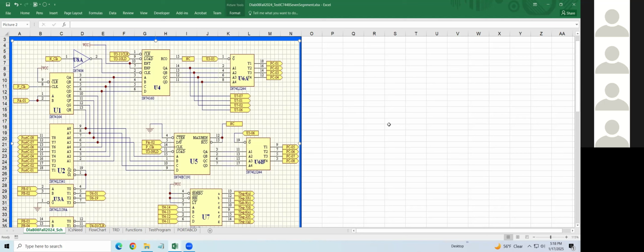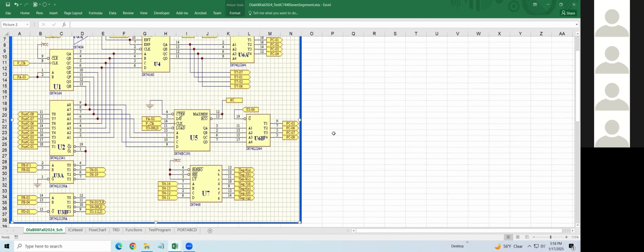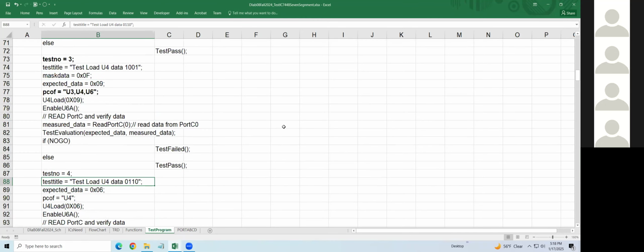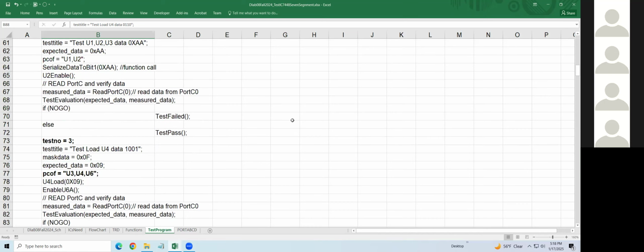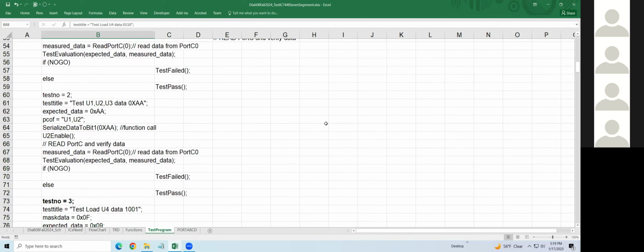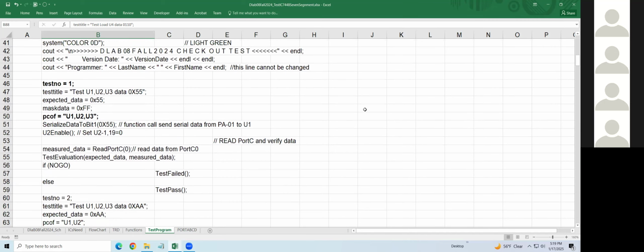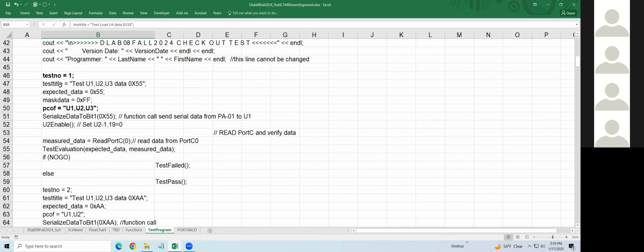Now, you're looking into the handout. You can see they say test number 1 and the PCOP U1, U2, U3.